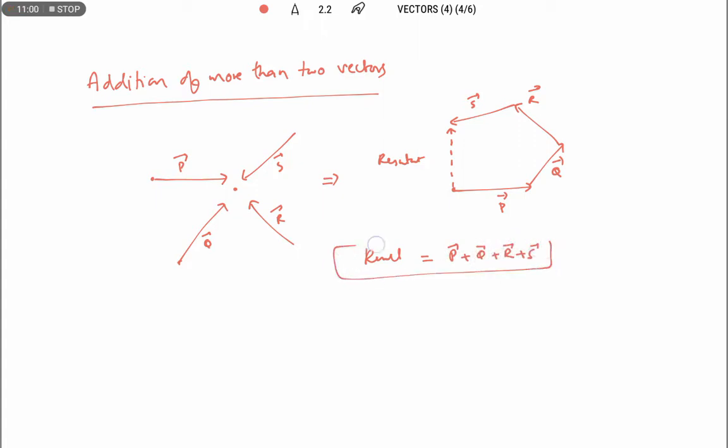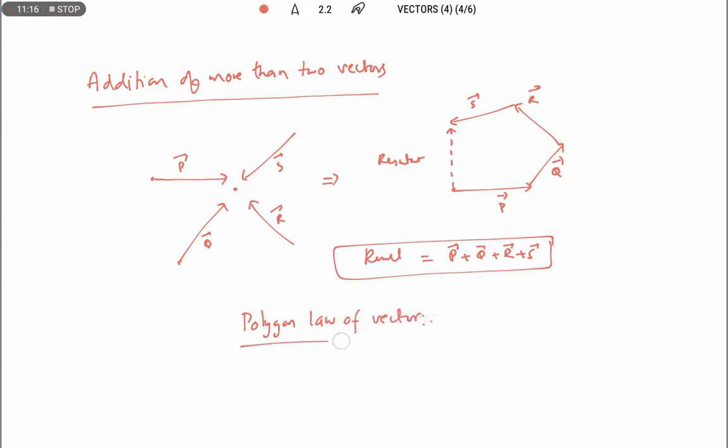If we are adding two or more than two vectors, then it leads to the polygon law of vectors. So this is nothing but the polygon law of vectors.